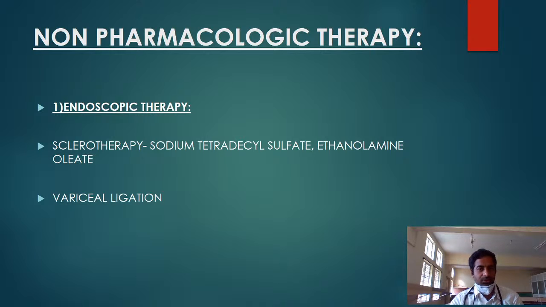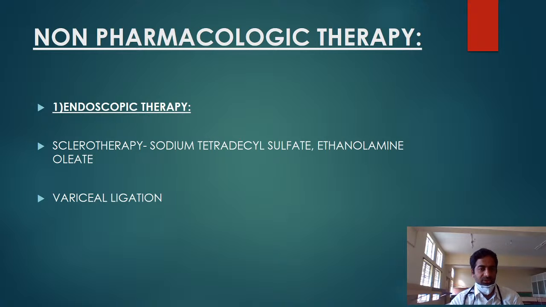So that's the pharmacological part. Coming to the non-pharmacological part, endoscopic therapy gives sclerotherapy. Sclerotherapy is mainly done using sodium tetradecyl sulfate or ethanolamine oleate, and variceal ligation also needs to be done.